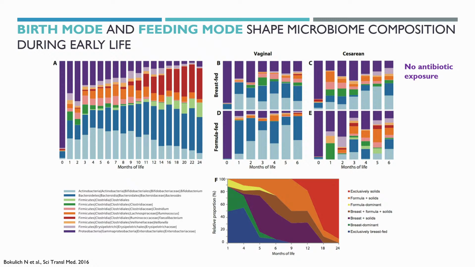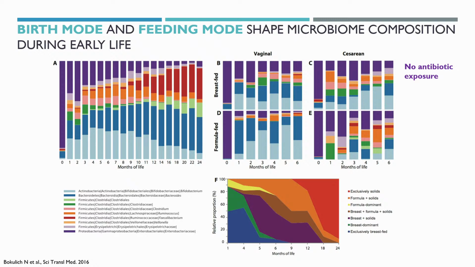So yeah, you can definitely see, best case scenario, this is essentially what it would look like. This is from 0 to 6 months of life. You can see already that formula-fed infants at the very start don't have a lot of those bacteroidetes, which are very important in producing short-chain fatty acids. We'll talk about that as well.